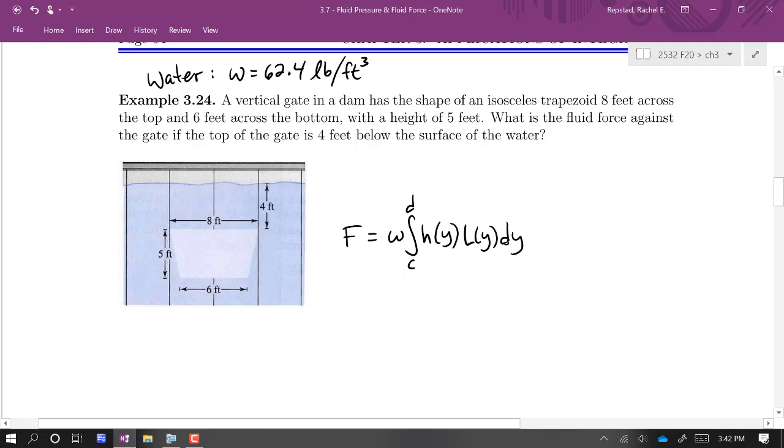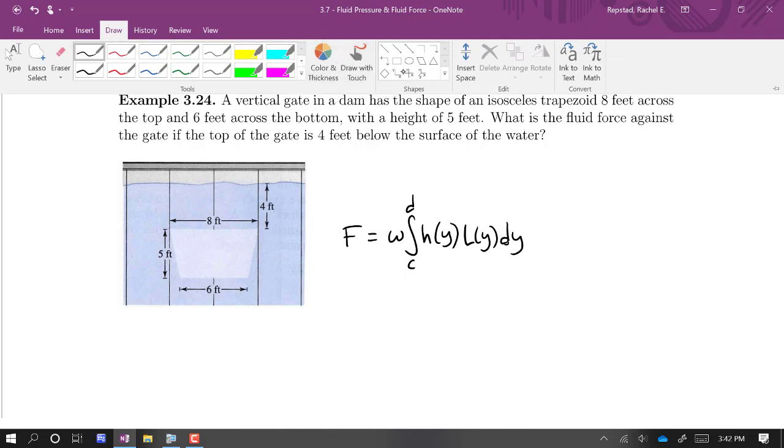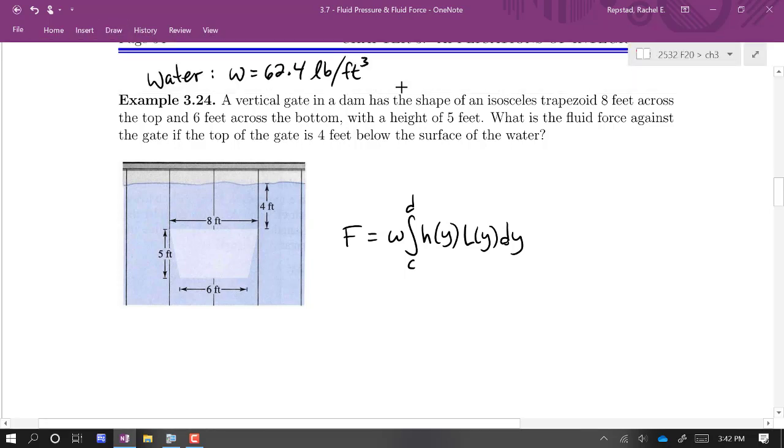Now we're going to be able to tie each of these pieces to the figure. We know the value of W, so that's pretty simple. But the first thing we need to do is impose a set of coordinate axes. In these application problems, in nature, you don't look out and see coordinate axes there. It's up to us to impose a set of coordinate axes, and it's often a good idea to take advantage of symmetry when you do so.